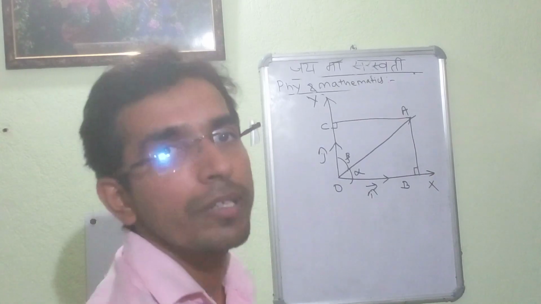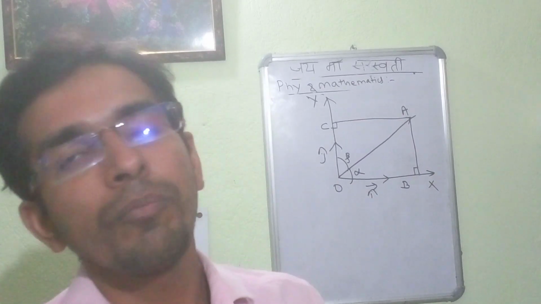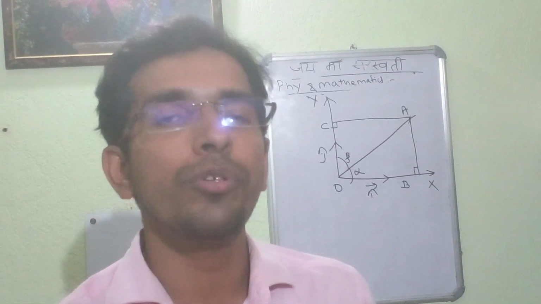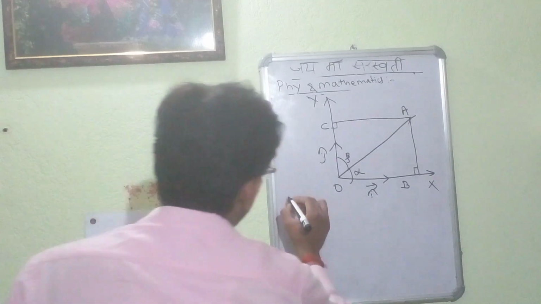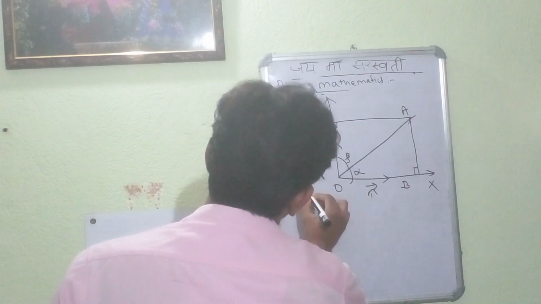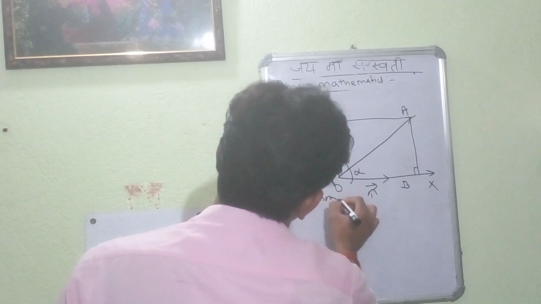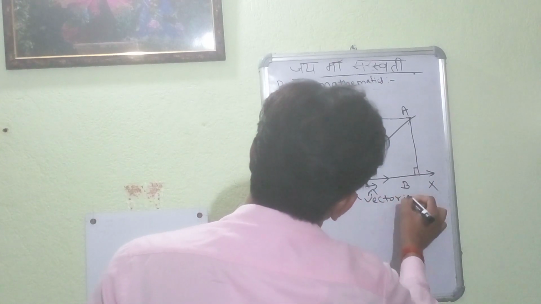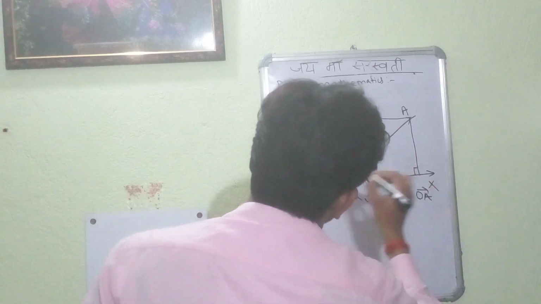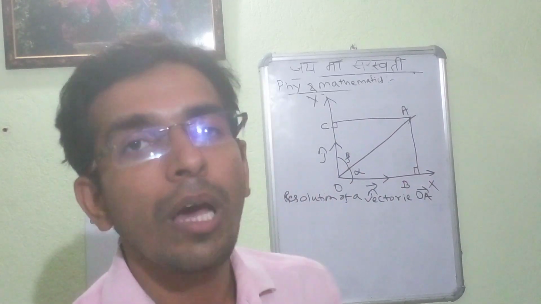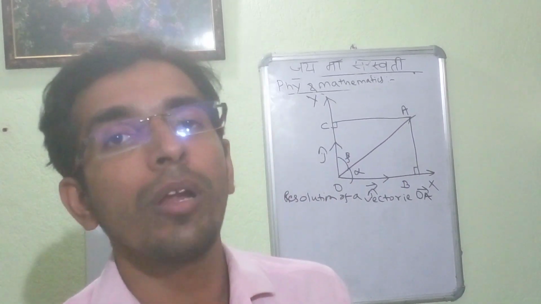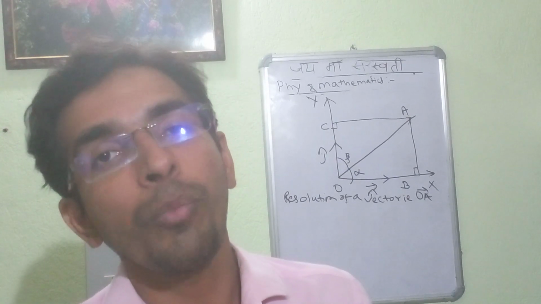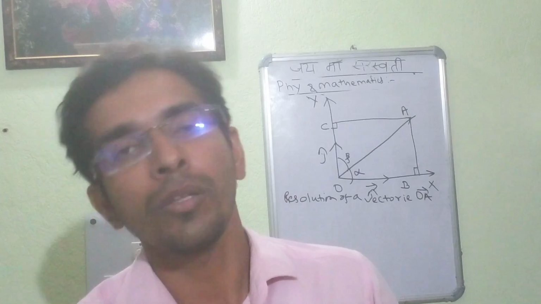This is the particular diagram, and in this diagram, we will be seeing an important concept that is entitled as resolution of a vector. That is the OA part. We have to see how we are resolving a particular vector OA in both the axes, that is x axis and the y axis.